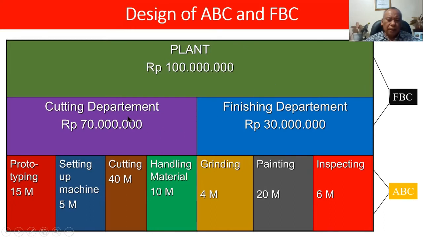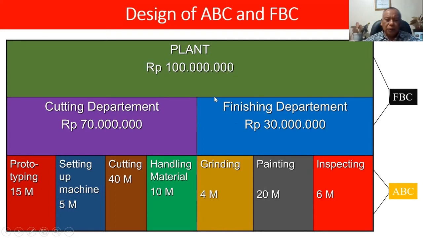If the producing department is used as the cost pool, it is the so-called departmental rate. For plants, we have a single plant-wide rate, but for producing departments, we have two rates. The first is the cutting rate, and the second is the finishing rate.